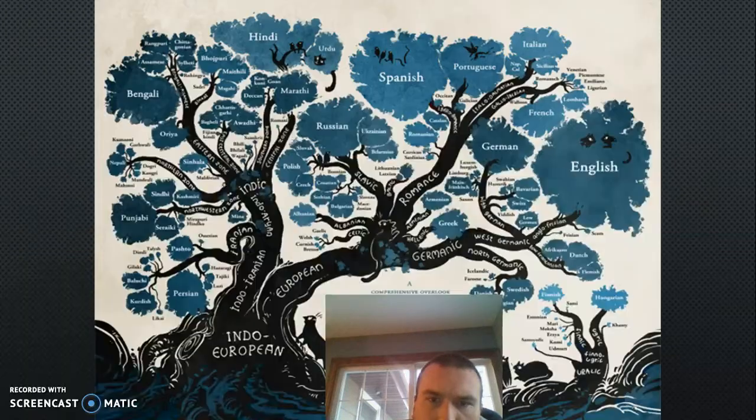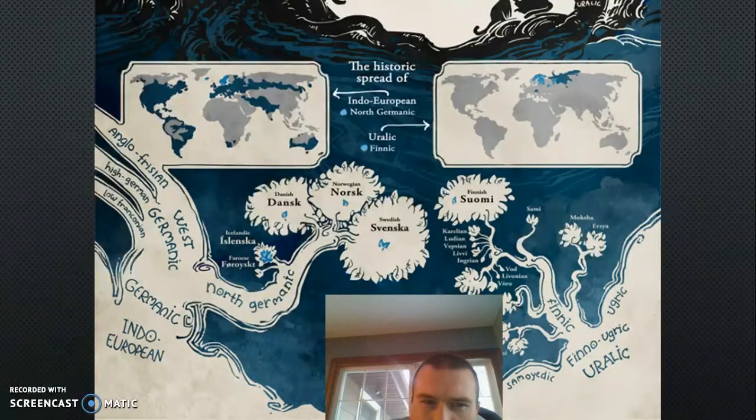Now, so if you go far enough back, all of these languages could be tied to Indo-European. And Indo-European spread out of the Caucasus Mountain region either through agriculture and trade or through conquest. There's debate over how it spread. But if you go far enough back, you can find that Indo-European has all of these different languages, and it's called Proto-Indo-European.